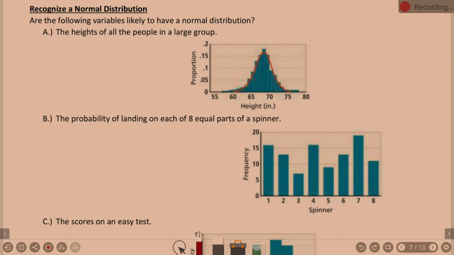So I just have yes, normally distributed written here. If you want to write more of an explanation, go for it. But that's the idea, that your tail ends of the data are lesser, and the big chunk of data is in the middle.